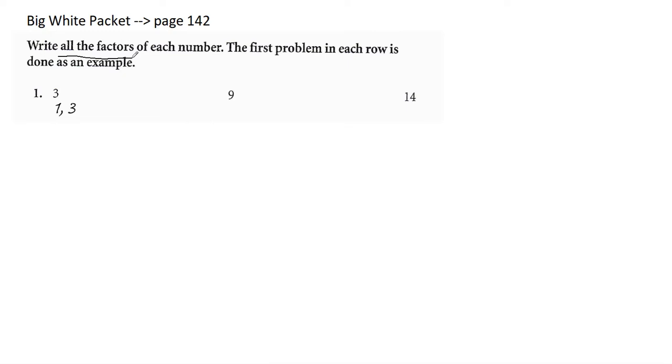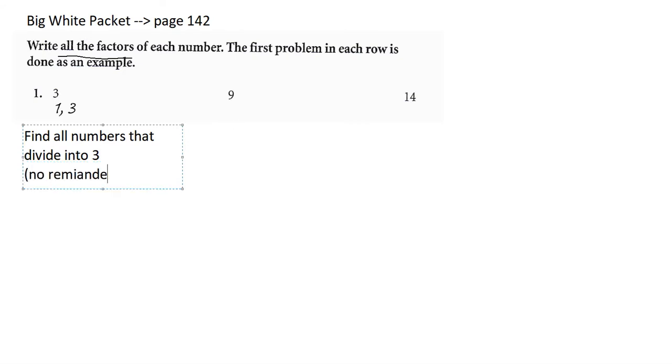So all the numbers that divide into 3, that's what we're looking for here. That's our task, to find all numbers that divide into 3, and no remainders, decimals or fractions are allowed there. Okay, so that's the deal.